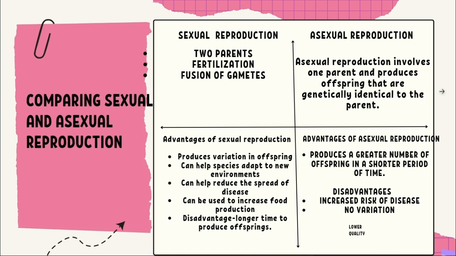It's basically equipping the next generation to be able to withstand different conditions, right? It helps the species adapt to new environments, helps reduce the spread of disease, and can be used to increase food production. And the disadvantage of sexual reproduction is that it takes a longer time to produce offspring.